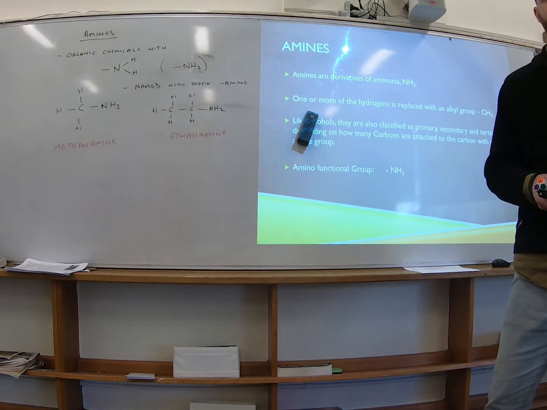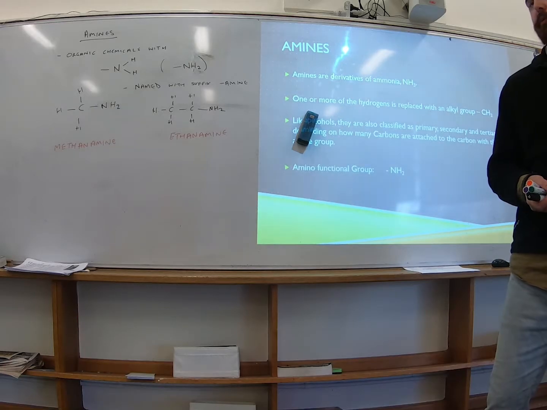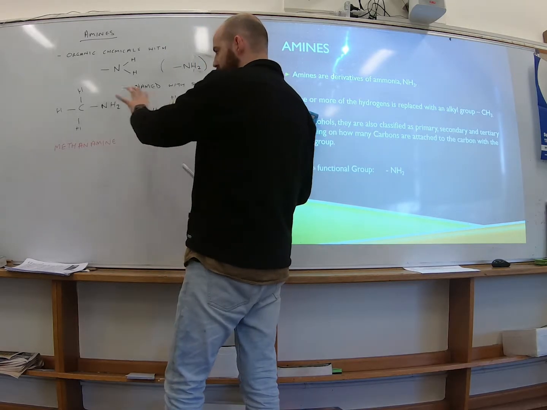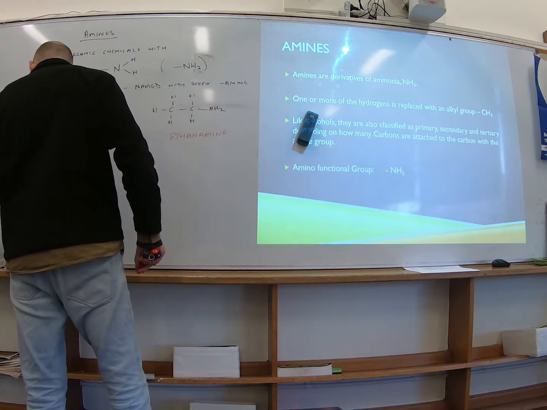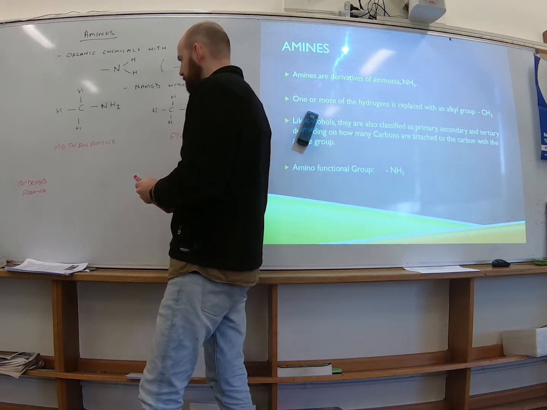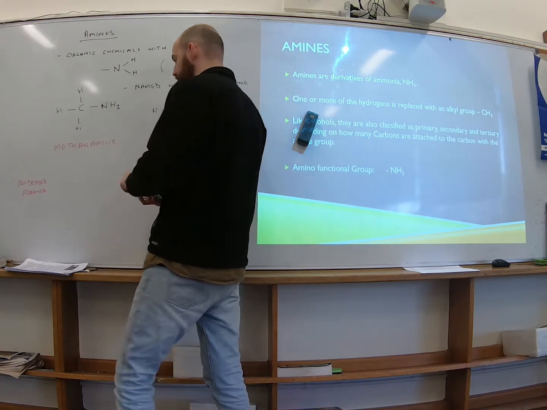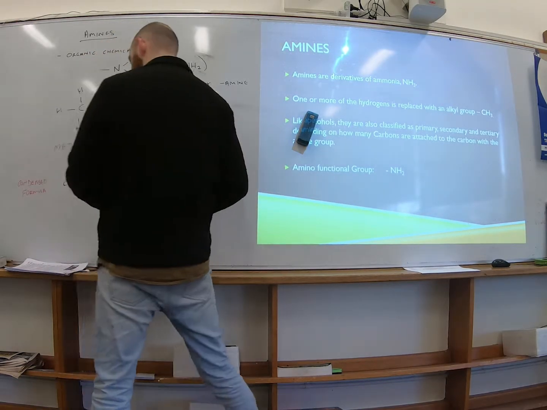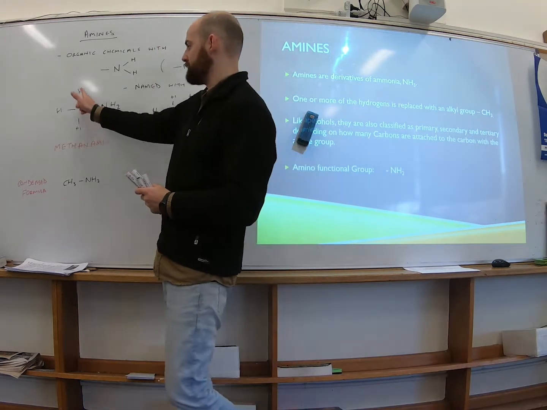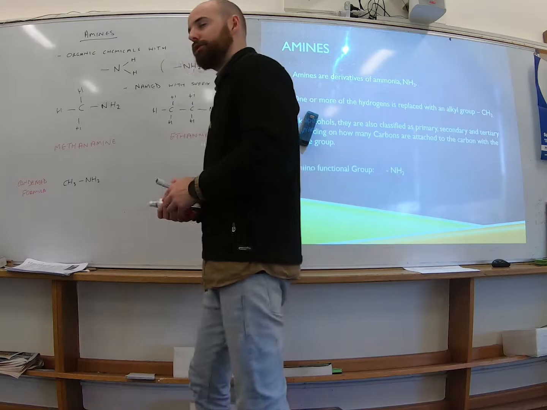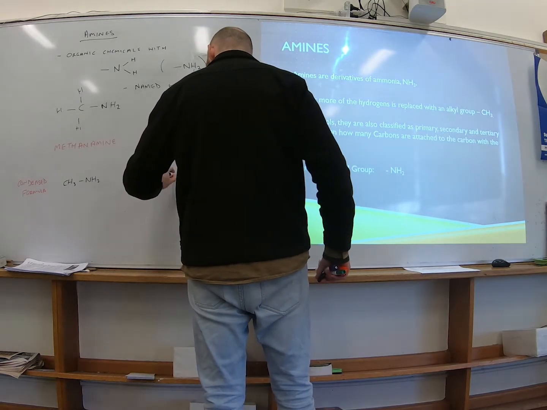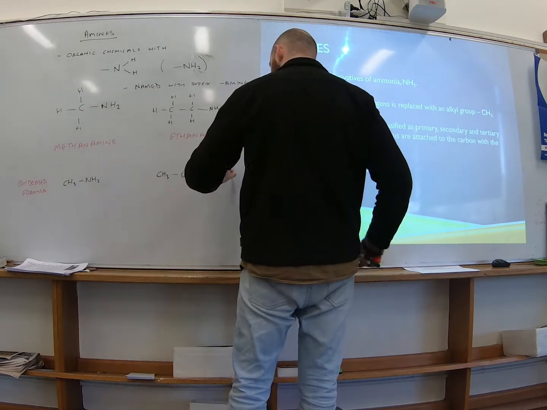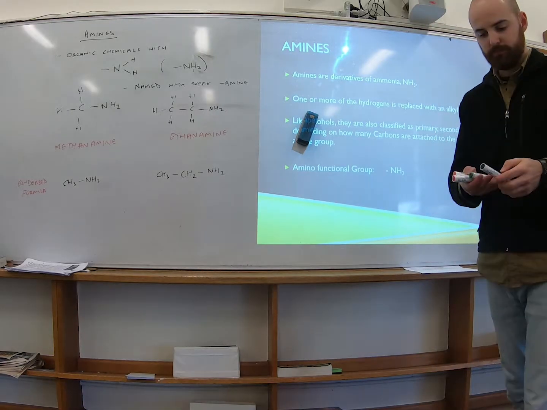If we wanted to do a condensed formula and a skeletal formula for these, this is basically a structural formula here, but for a condensed formula, we're not drawing our bonds between our hydrogens and carbons. So that would be CH3NH2, and this one would be CH3CH2NH2.